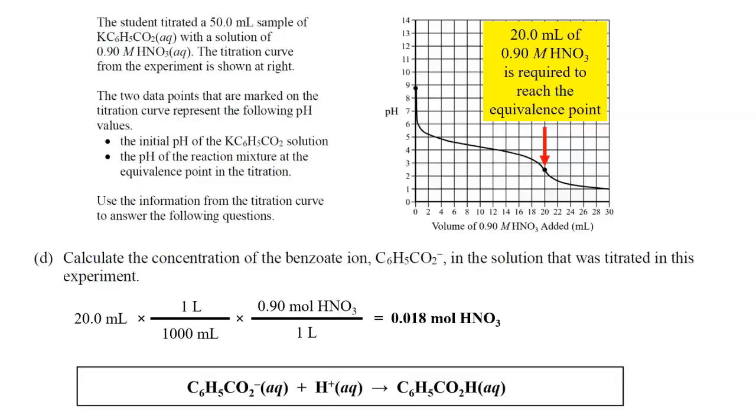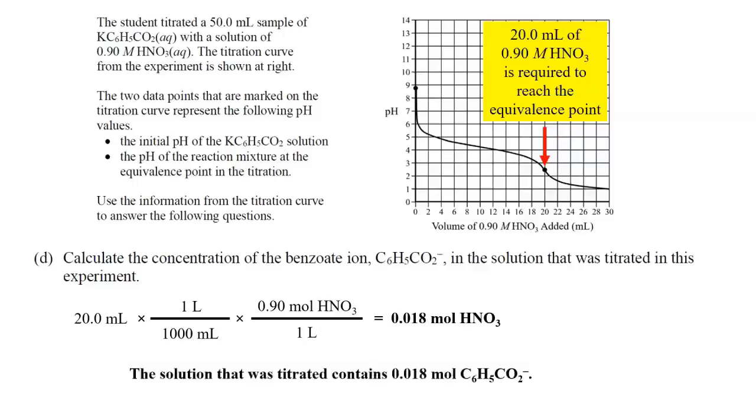So therefore, the number of moles of nitric acid that reacted is the same as the number of moles of benzoate that was in the solution that was titrated. So the solution that was titrated contains 0.018 moles of benzoate.